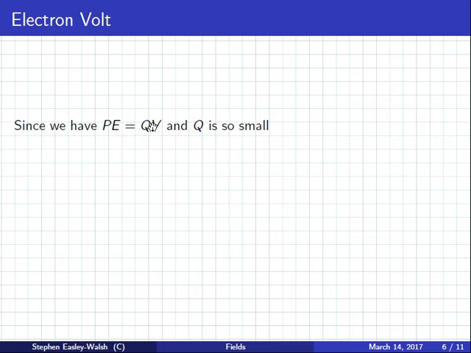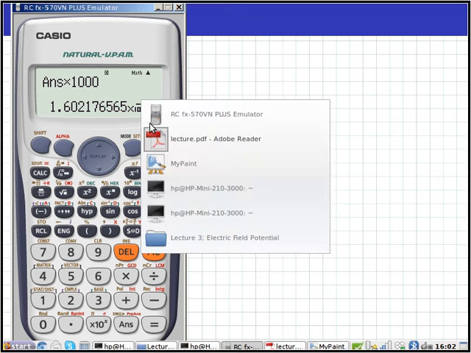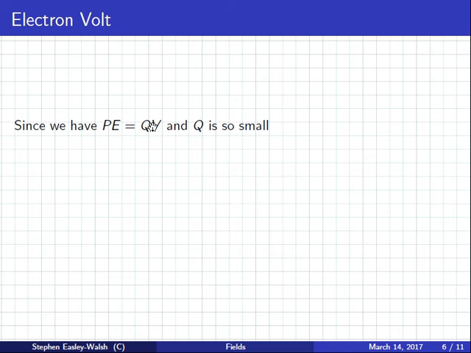The voltage would maybe be something like 10, 100, or 1,000. So even if it's 1,000, that's still a very small number. So we don't really use joules because joules is not the right size. The value will be really, really small.